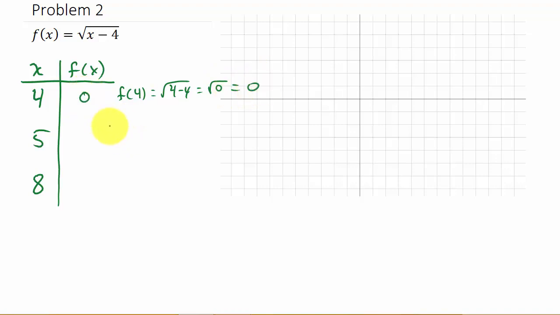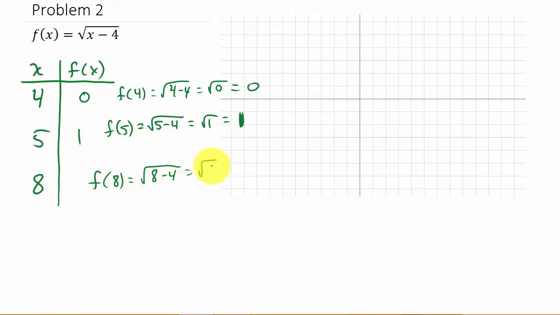Okay, f of 5, that's the square root of 5 minus 4, which equals the square root of 1, which is 1. And then f of 8 is the square root of 8 minus 4, which equals the square root of 4, which equals 2.